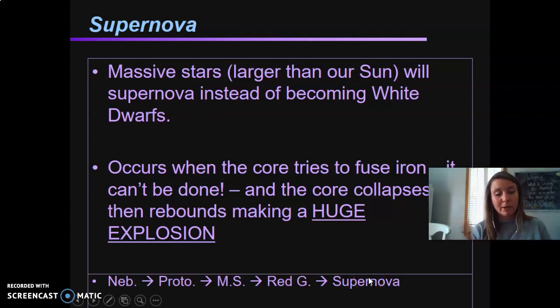Now, depending on what kind of star it is, this supernova can create, once again, a nebula, which circles all the way back to our nebula. And depending on the material there, it might be able to make another star. It might be able to make a planetary nebula too. So it can have one or two functions.